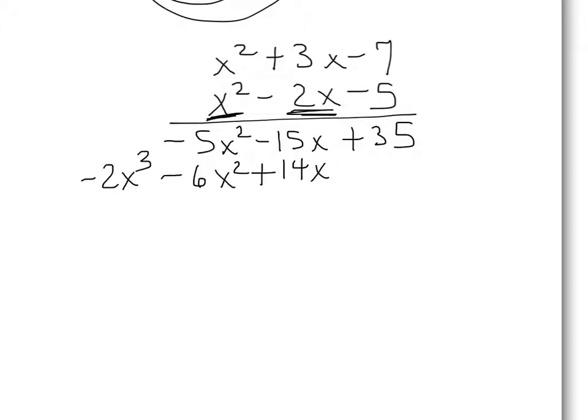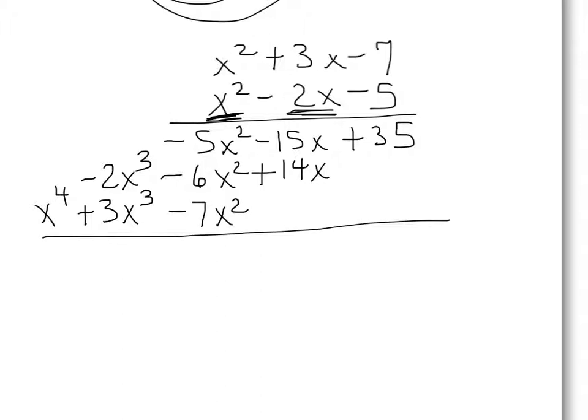Now we use the x squared. x squared times minus 7 is minus 7x squared. x squared times 3x is 3x cubed. And x squared times x squared is x to the 4th. We have 35. We have minus x.